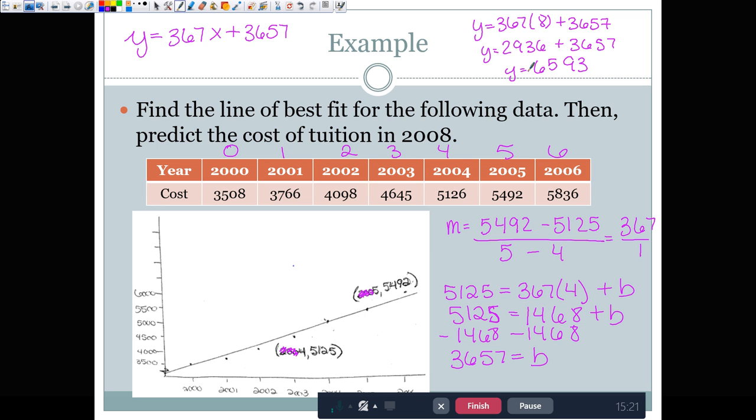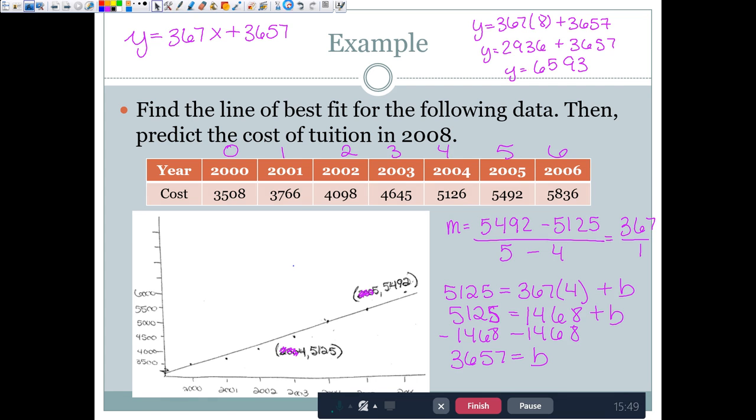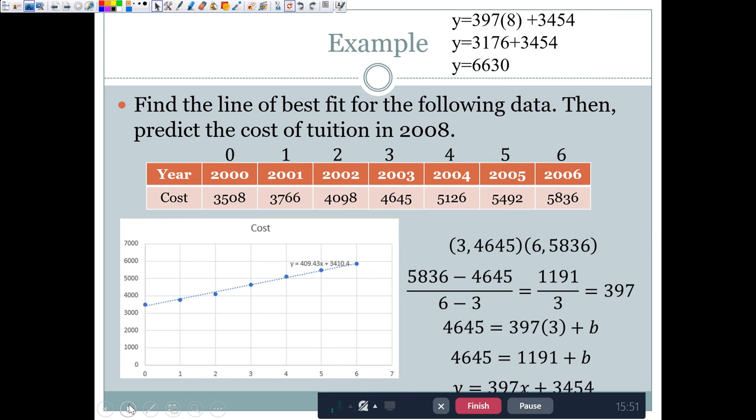To show you guys how, if you choose different points, it's different, okay? Alright, so if you see up here, I had a computer generated version of the data that was here.